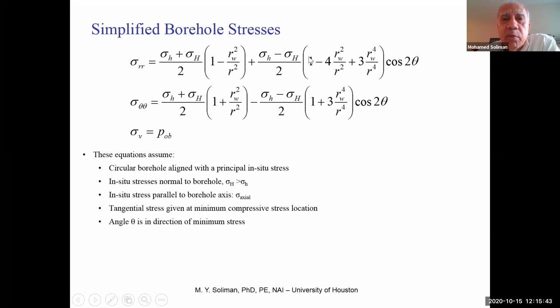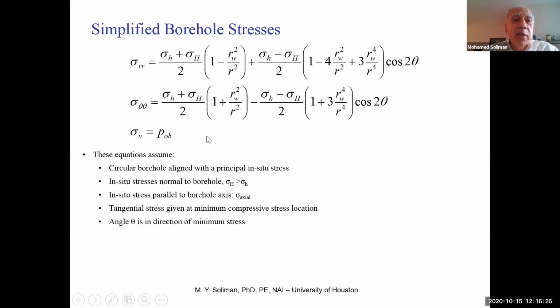And here it was 1 minus 4 times 1 plus 3 times 1, so that is again 1 minus 4 plus 3. That is 0. So the second term is 0. So sigma RR at the wellbore is 0 regardless of theta. So now I have a stable well. If it is not stable, we'll find out later on. Maybe next week we'll talk about testing. We'll see other situations. So sigma R, regardless of theta at the wellbore, is 0.